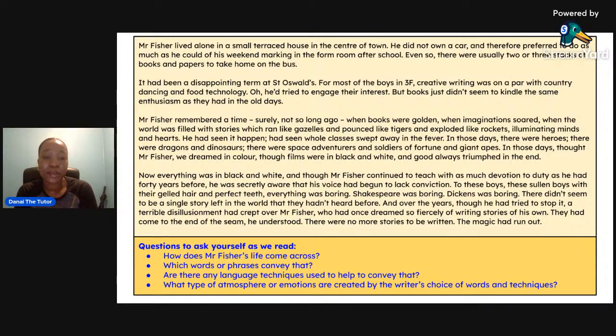There didn't seem to be a single story left in the world that they hadn't heard before. And over the years, though he had tried to stop it, a terrible disillusionment had crept over Mr. Fisher, who had once dreamed so fiercely of writing stories of his own. They had come to the end of the seam, he understood. There were no more stories to be written. The magic had run out.